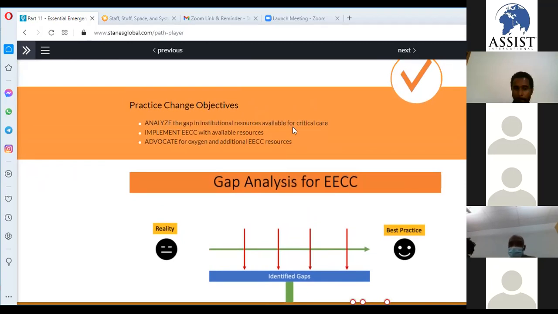So what I want you to write down, okay, are some of the gaps that you identified in your setup to apply or to implement this essential emergency critical care. You have around 1 minute, so please forward your ideas. What gaps do you think your institution has to effectively implement this essential emergency care?